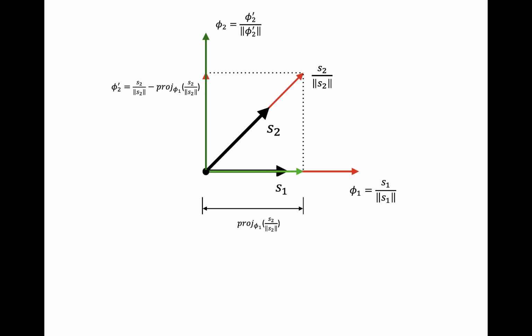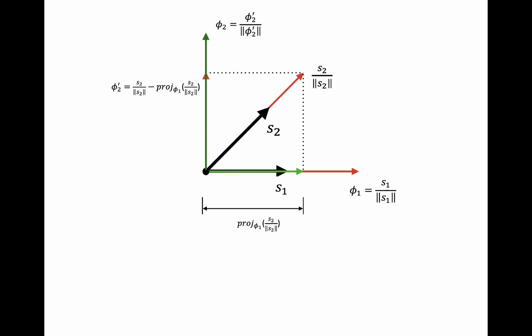Basically we are trying to find a set of perpendicular axes phi 1 and phi 2 with respect to S1 and S2, so that we can represent S1 and S2 as two vectors in the vector space, or the signal space, defined by phi 1 and phi 2.